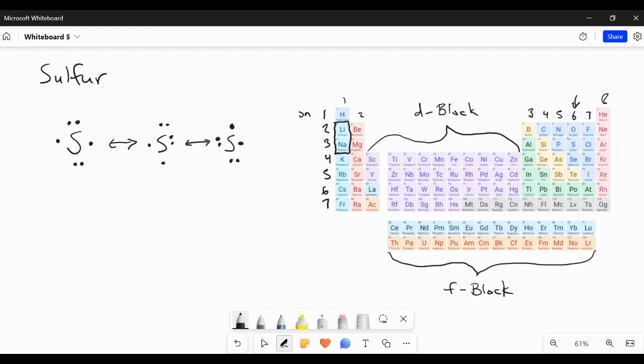Any of these is fine. And there are others. But any combination of two paired and two unpaired is fine. All of those are accurate.